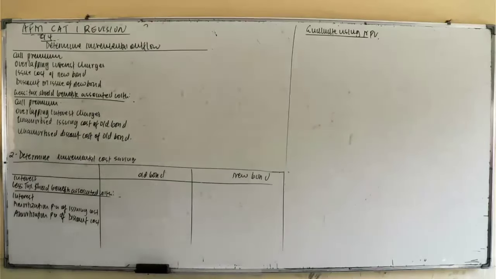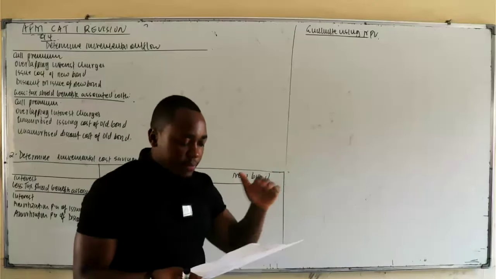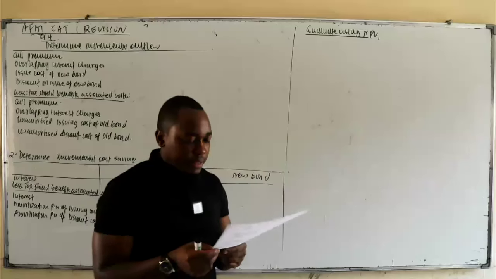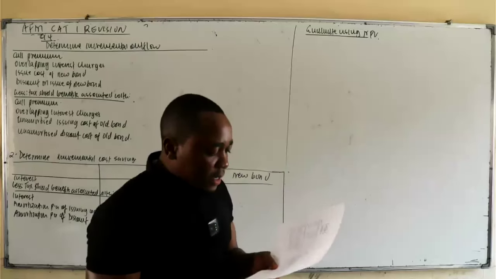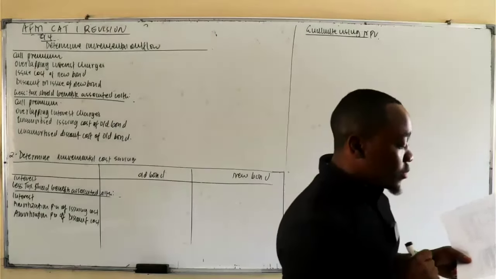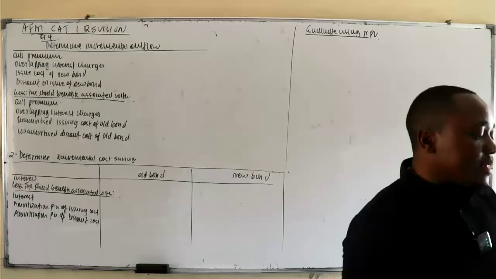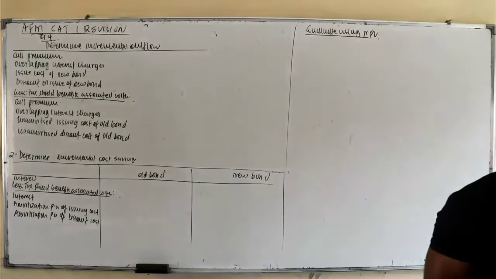And then we have information about the new bond. The new bond issue of 20 million would have 1,000 shillings par value per unit and a 15% coupon rate. So the new bond, at least the interest rate is lower, from 20% now to 15%. They would have a 20-year maturity period and will be sold at 10% discount to attract investors. Flotation cost of the new bond is estimated at 550,000.